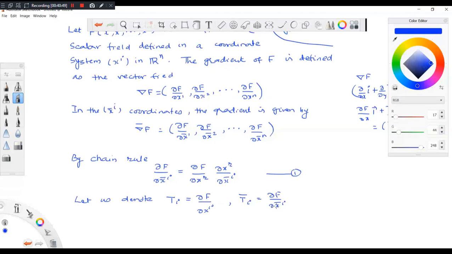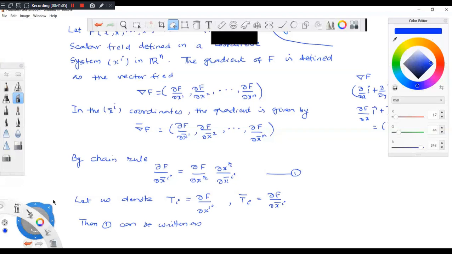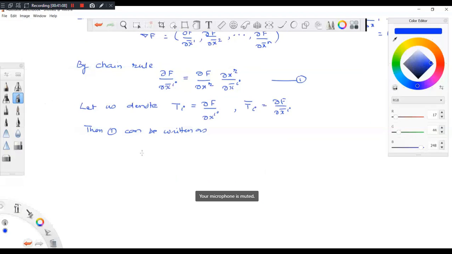Then what about this? Then this can be written as T bar i is equal to, here I have del f by del xr, and del f by del xi is Ti, so del f by del xr is Tr.